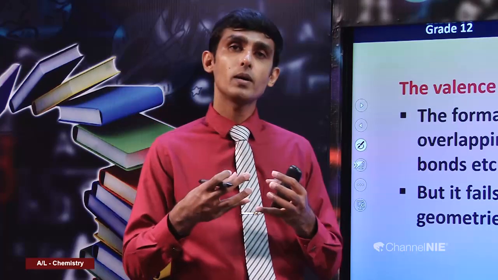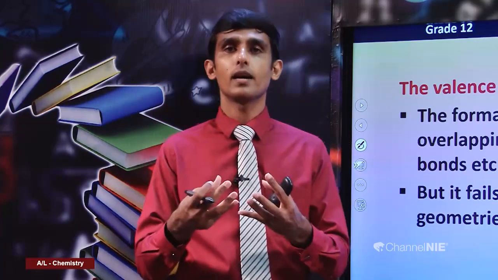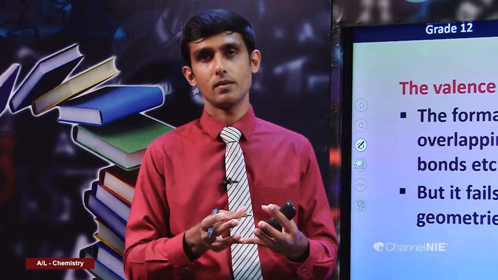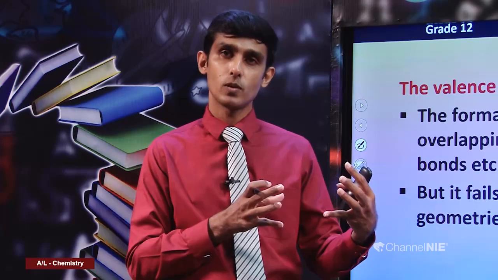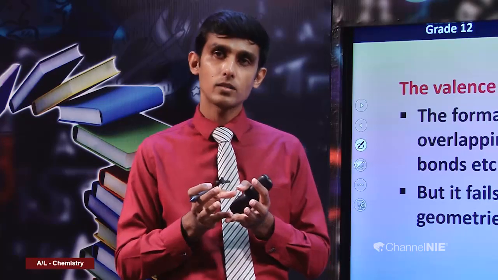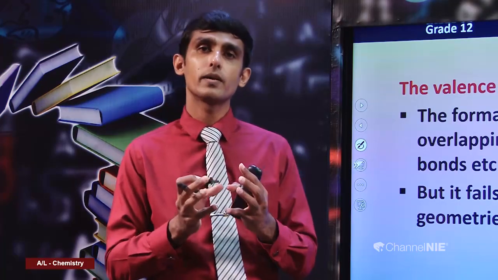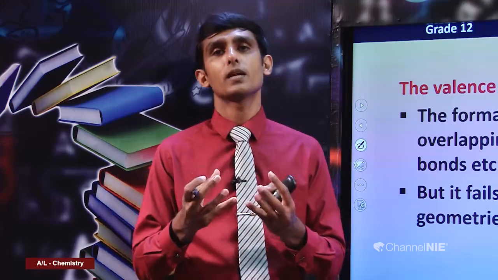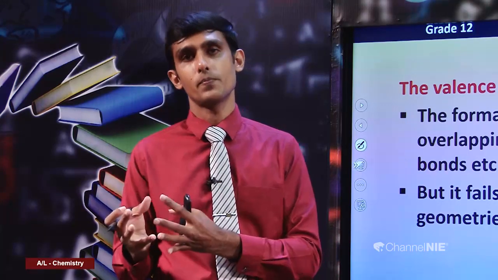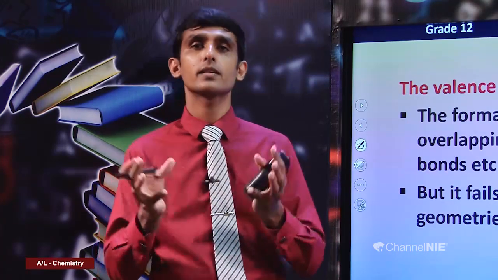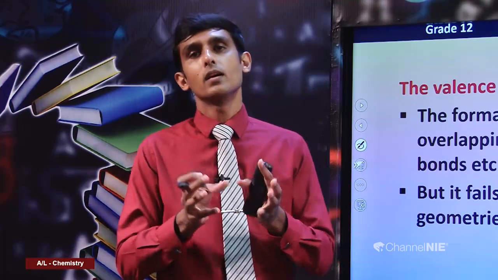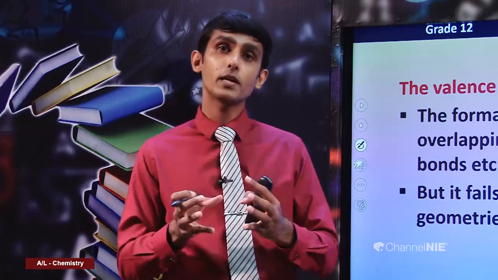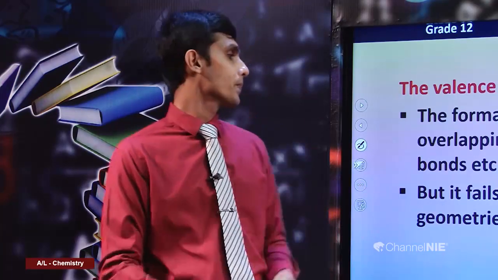Therefore, we need another concept to explain the geometries and actual bond angles of molecules. That is the point where this theoretical concept, hybridization, comes to the picture. Hybridization is a theoretical concept from which we can explain those things which cannot be explained by the valence bond theory.